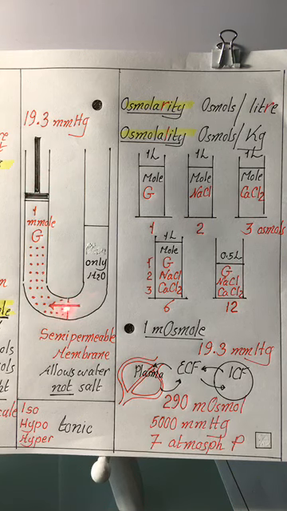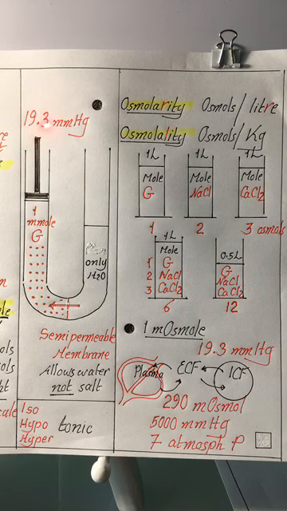And they did this experiment. They saw how much pressure they need to stop the osmotic force caused by 1 milliosmol. It's just a finding, and you have to remember that number.